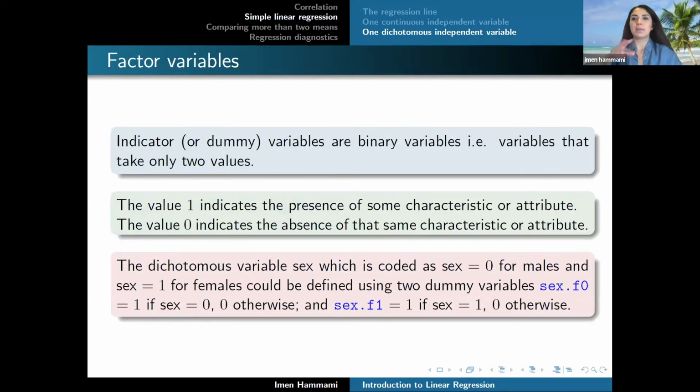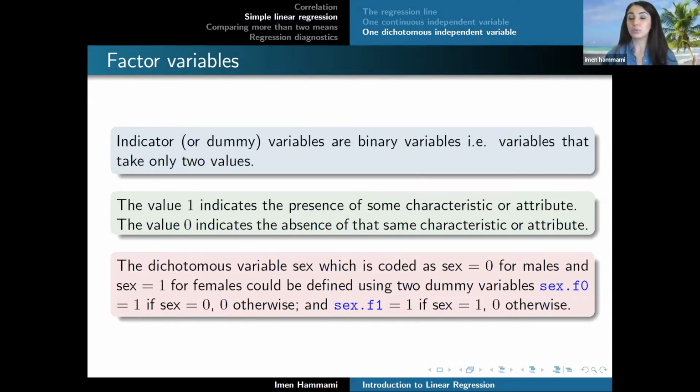So this is a slide for software users. Every time you work with binary variables, categorical variables, whatever you want to call them, you need to tell your software, SPSS, Stata, or R, that these are level variables, which means you need to look into the levels separately. Otherwise, the software is going to consider them as continuous, when actually 0 and 1 here in sex mean males and females. It doesn't mean 0, 1 as a unit.